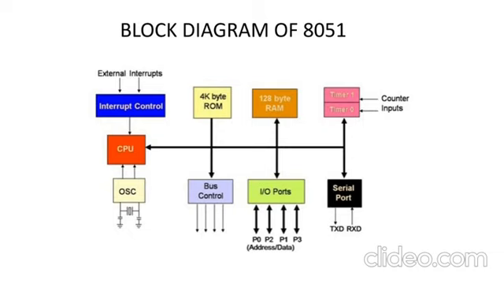Here we give serial information, and through the I/O ports parallel data is transferred, and they are bidirectional: they can act as input or output. Parallel means all 8 bits are taken at a time, because port 0 has 8 pins.